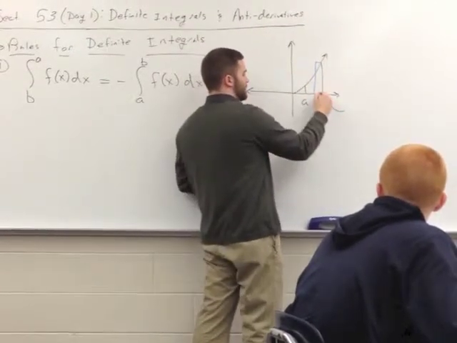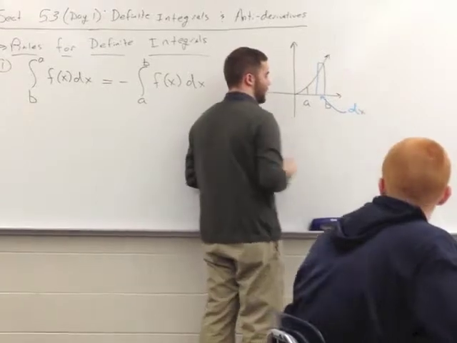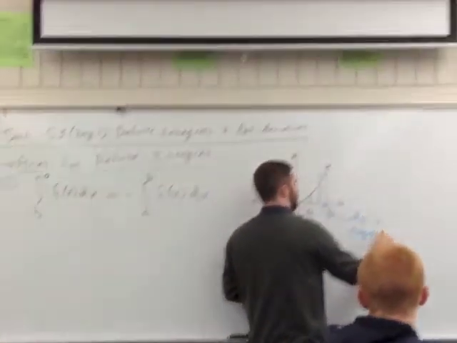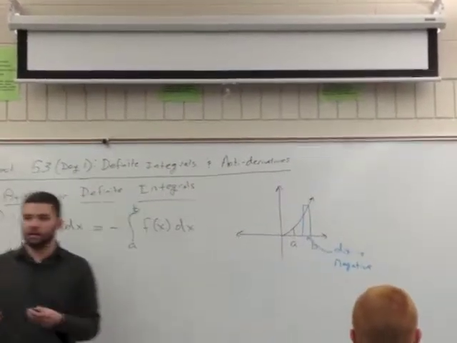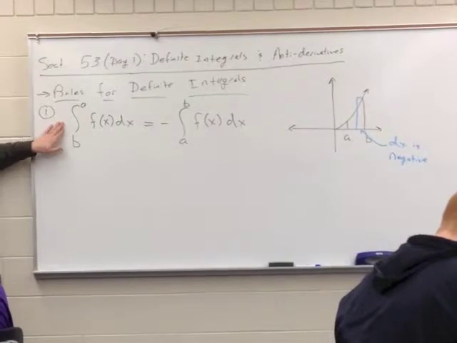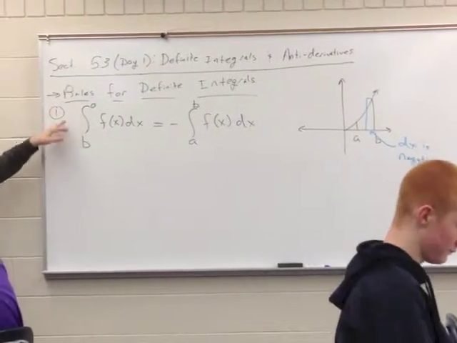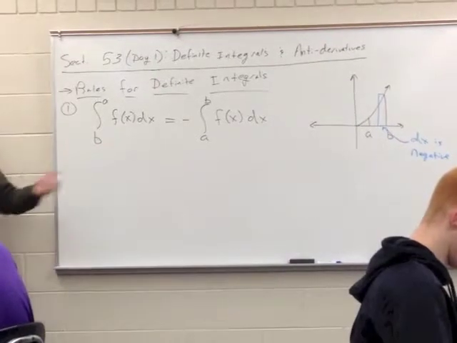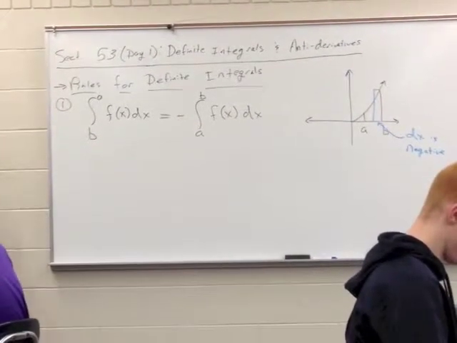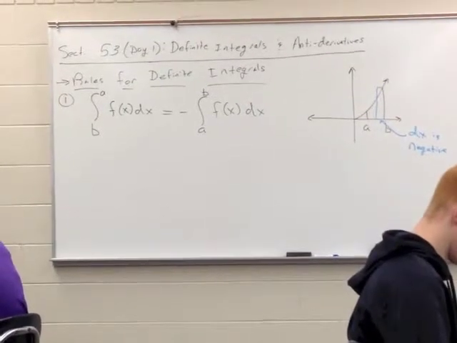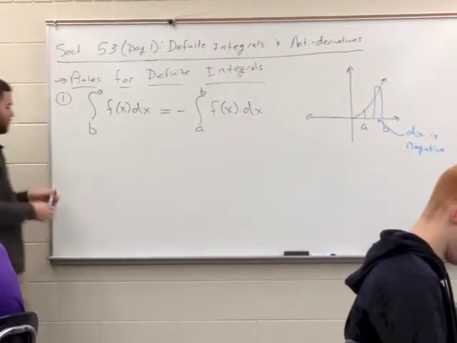So in other words, dx, my change in x, is negative. So I'll still get the same area if I integrate from the opposite direction, but this integral will be negative because all my values are negative. So I need to take the negative of the original. That will give me the integration from b to a. Are there any questions on that? Okay, good. It's a pretty handy little rule.